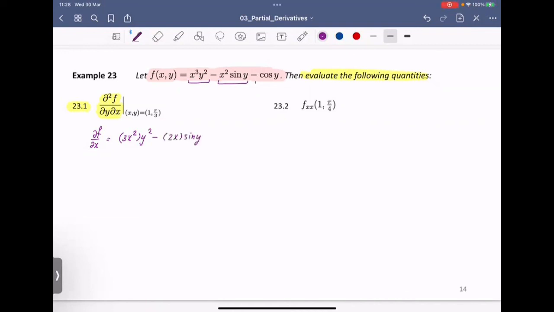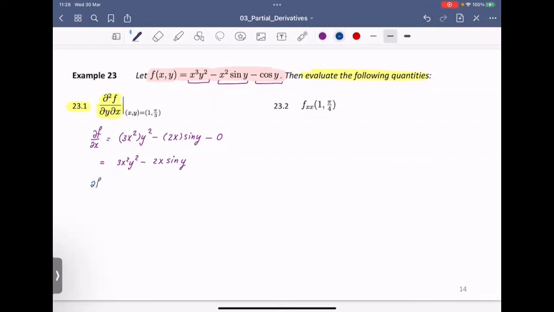The last term, cosine y, gives 0, because when you take the derivative with respect to x, it's a constant. All I care about is differentiating the x terms; the others are constants. So if you simplify, you get 3x squared y squared minus 2x sine y. Wow, I like it. It's pretty simple. No product rule, no quotient rule. I like it a lot.